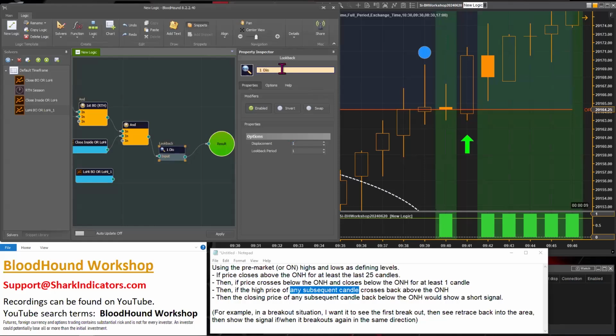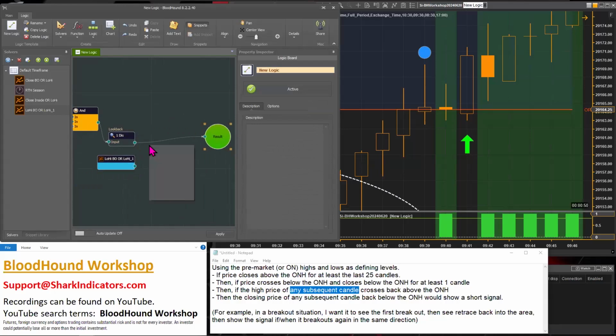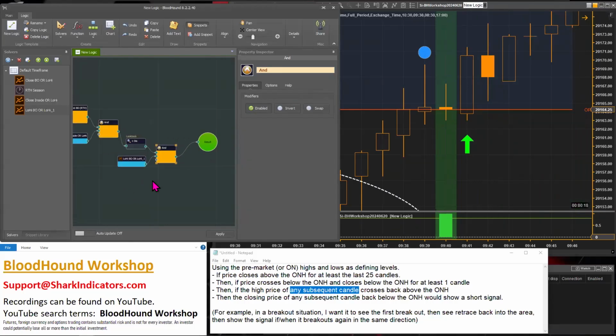I'm just going to rename this to 1 dis, short for displacement, so that I know this look back node is only performing a 1 bar displacement. Now I can take another AND node like so, and connect this in. All right, so this has been taken care of.